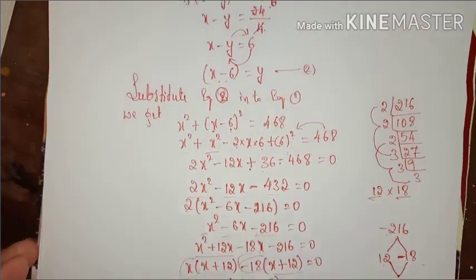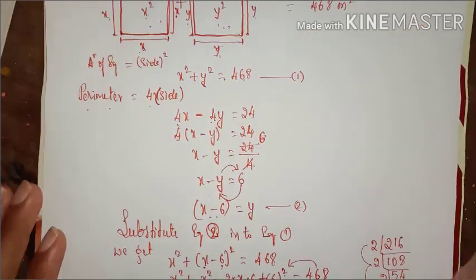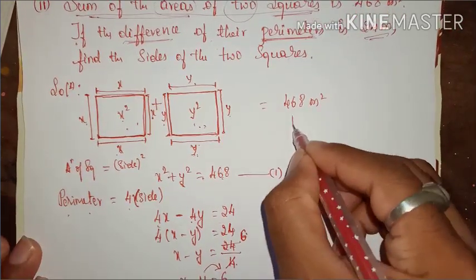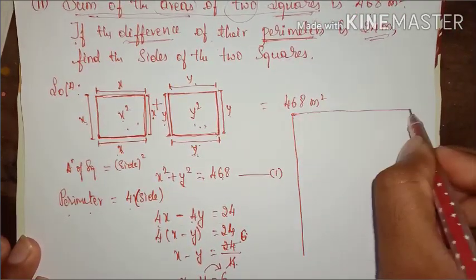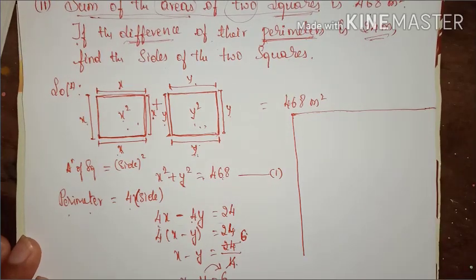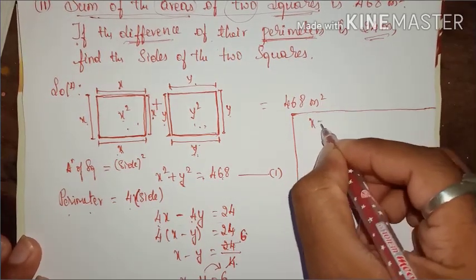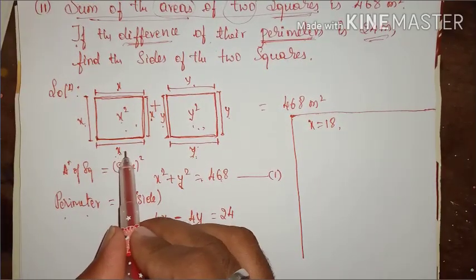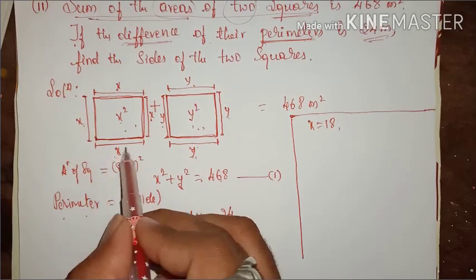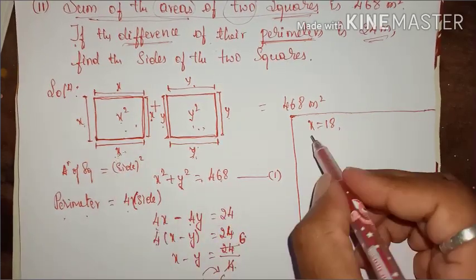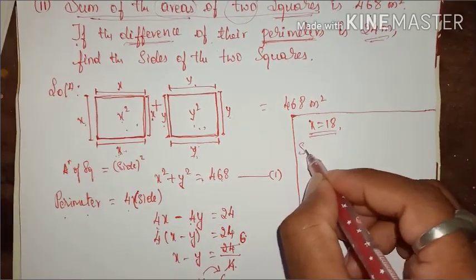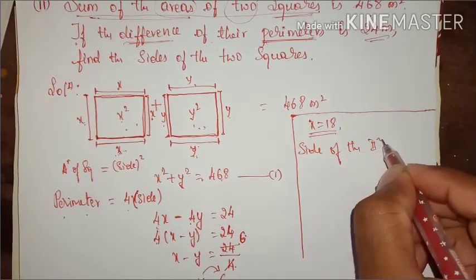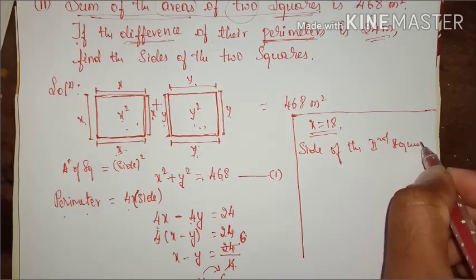Let us come back here. You can observe here, for better understanding, I will write it here itself. The value of x I got is 18, correct? So the side of the first square is how much? 18. I got it. Now the side of the second square, that is y.